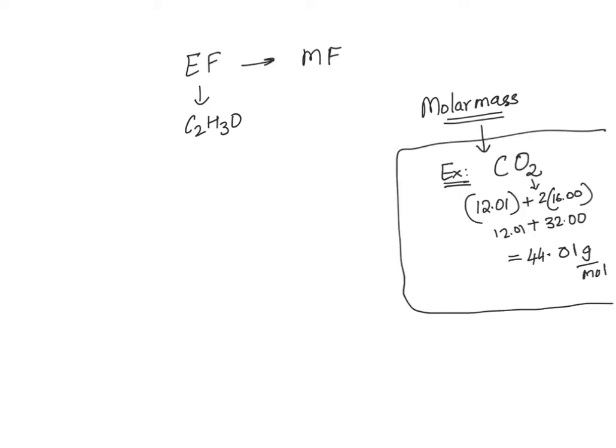the molar mass for this particular compound in question was found to be 86.09 grams per mole. So one piece of data is the empirical formula, and the second piece of data that we have is the molar mass.